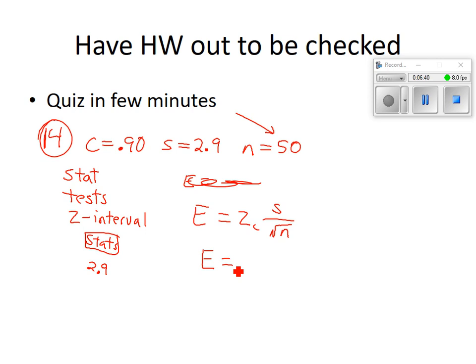So we put in 1.645 times our S, which is 2.9, over the square root of our N, which is 50. So that's 0.674, or 0.675. That's our E, that's our margin of error.